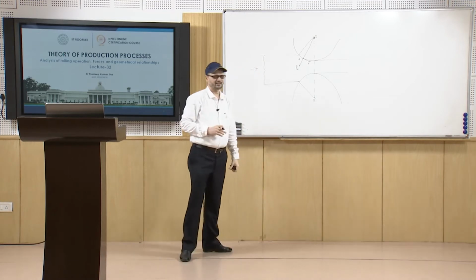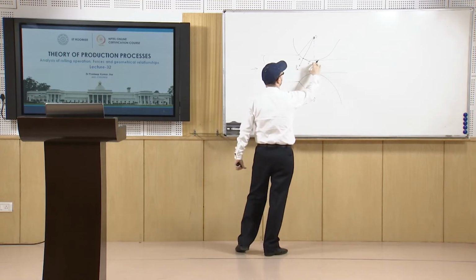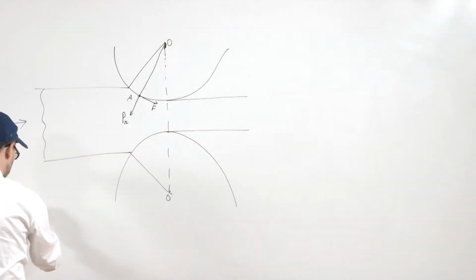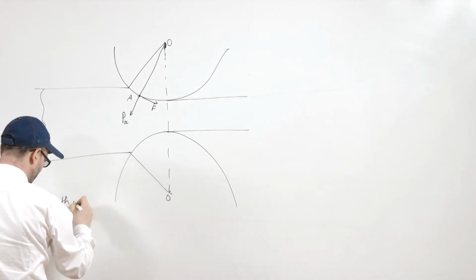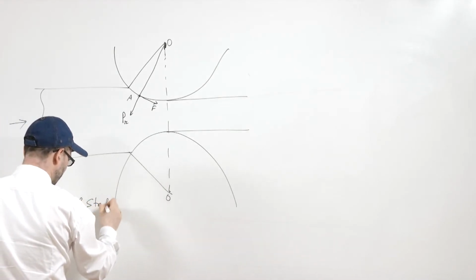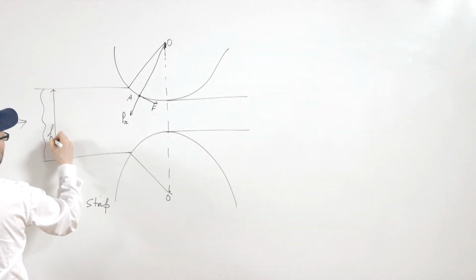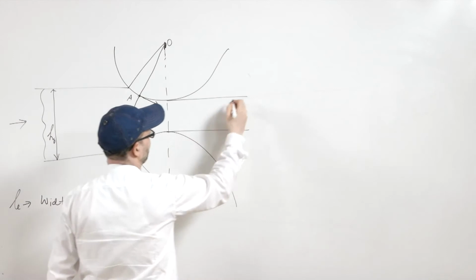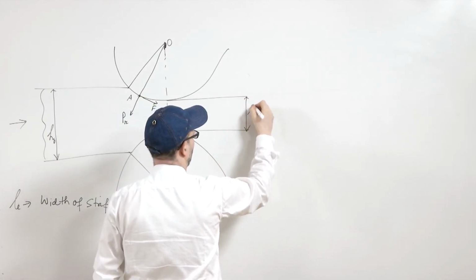Now, here B is the width of the strip. Suppose we take B as the width of the strip, you take this initial height as h naught, and this height as h final.